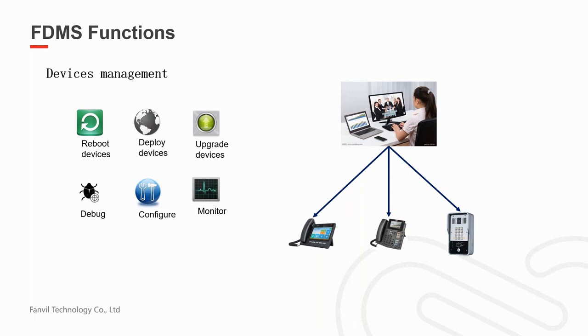And we can also upgrade devices with the firmware files on the FDMS server. We can also use some debug methods and operations on the FDMS server, but not on every phone.